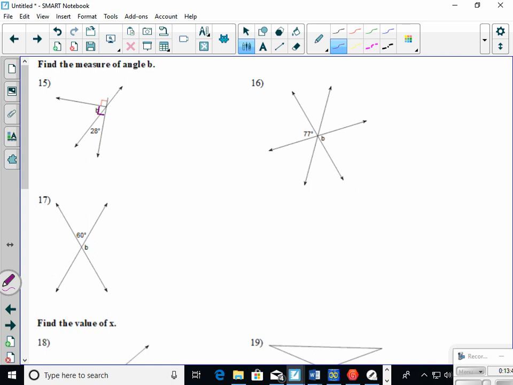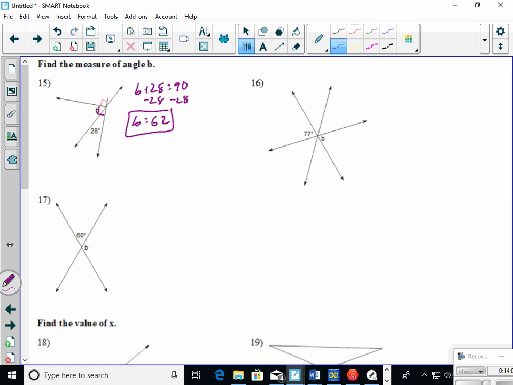We're trying to find angle B. Then angle B plus 28 has to equal a right angle, or B plus 28 has to equal 90. Subtract 28 from both sides, and B is 62.